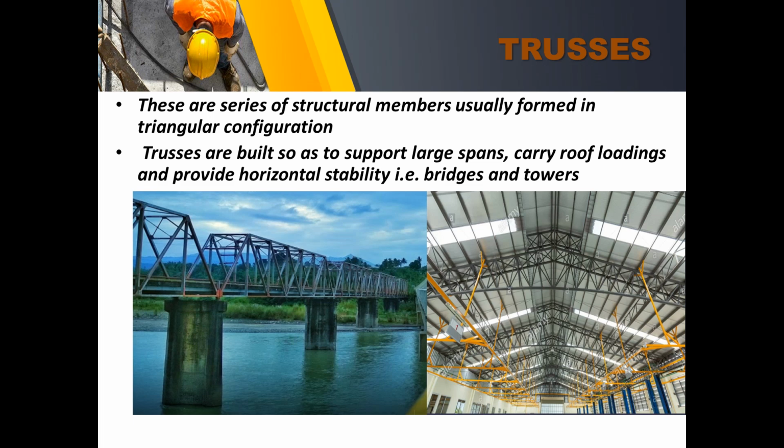Of course, we have learned from our previous subjects that these are just merged structural elements or structural members formed in triangular configuration. So these are built to support large spans, carry roof loadings, and provide horizontal stability such as bridges and towers.